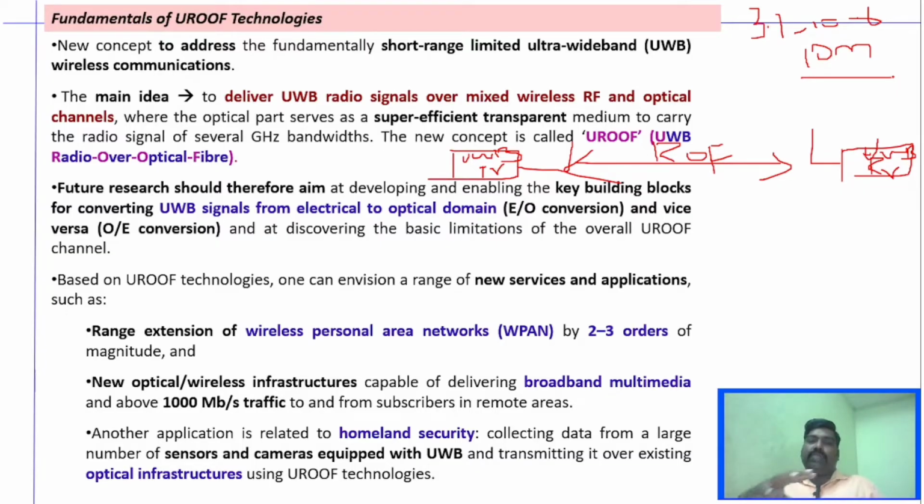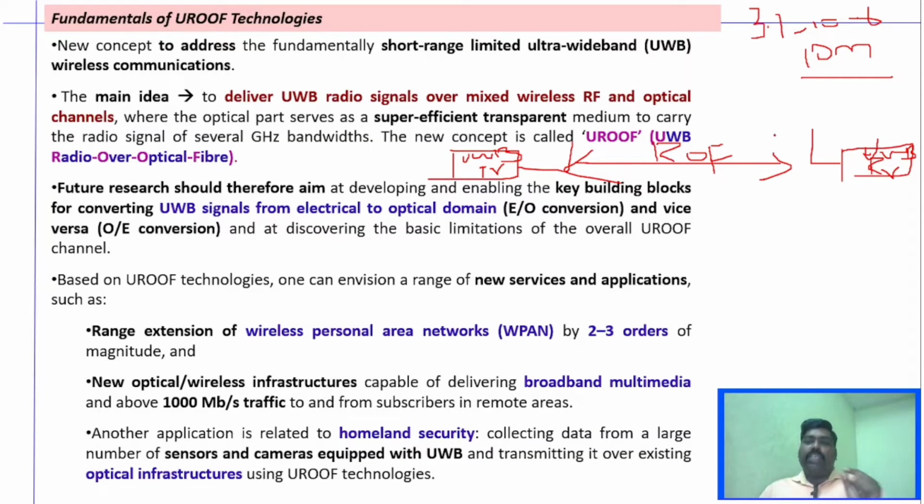So if we transmit over optical fiber, we will acquire all the advantages of optical communication as well. That is, the ROF technology has a lot of advantages like lesser noise, higher data rate, and high bandwidth. All these advantages can be combined, and that is why we go for this UROOF technology.